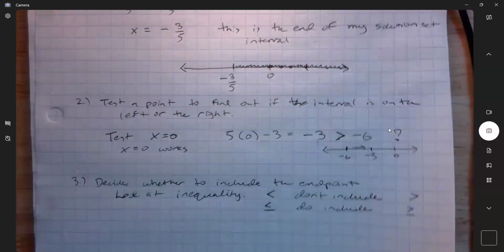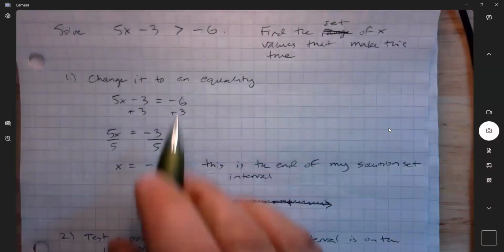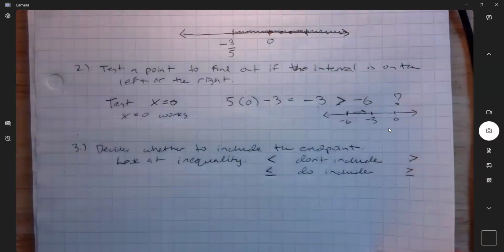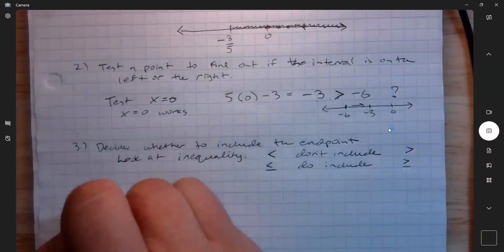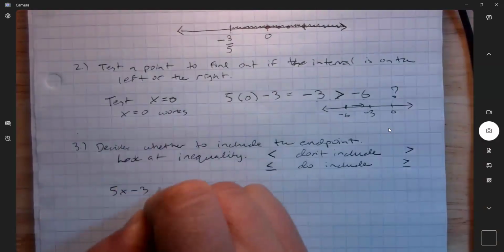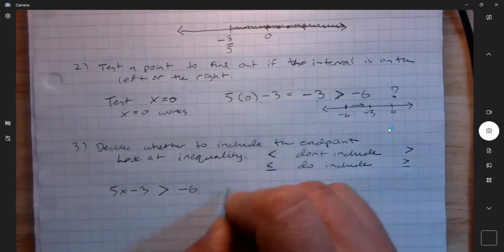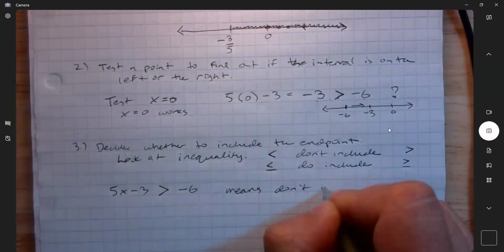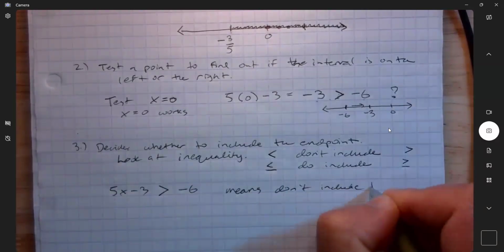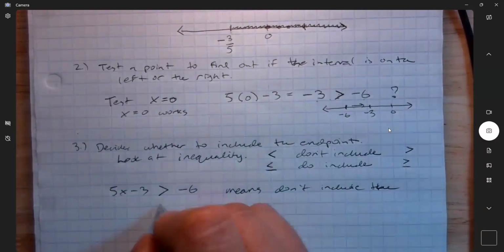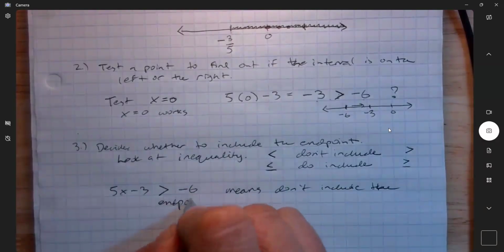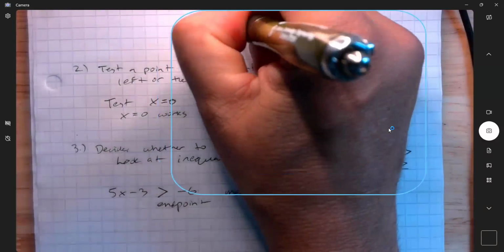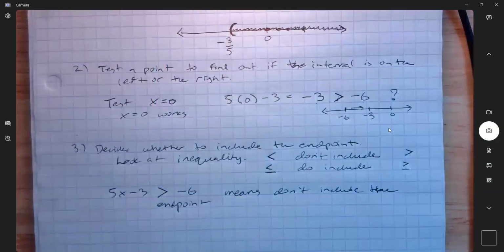So we look at our original inequality. It was a strict inequality, which tells me that I should not include the endpoint. 5x minus 3, sorry, strictly greater than -6 means don't include the endpoint. So here in my number line, I'm just going to make it an open parenthesis.